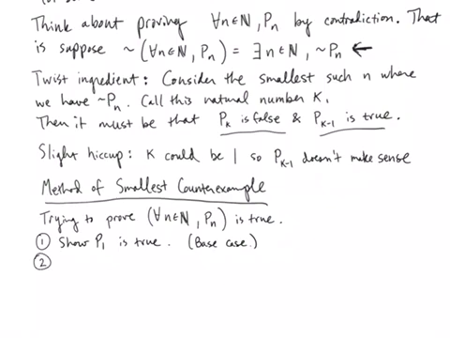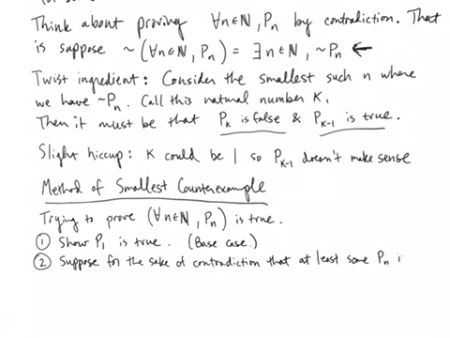Two, you suppose, for the sake of contradiction, that at least some P sub n is false, and consider the smallest n for which this is true, so for which P sub n is false.